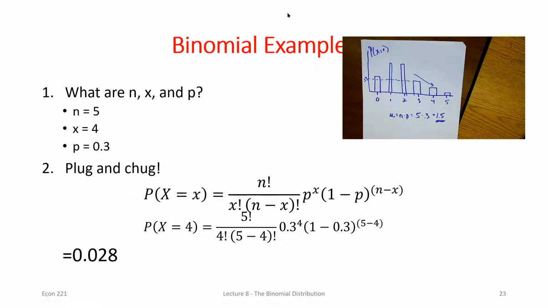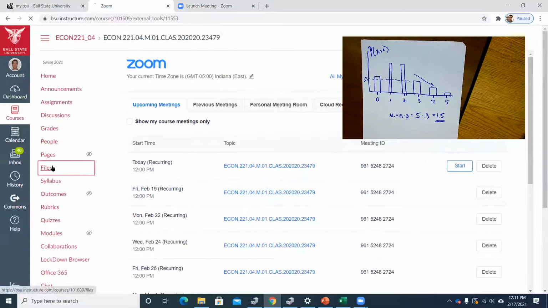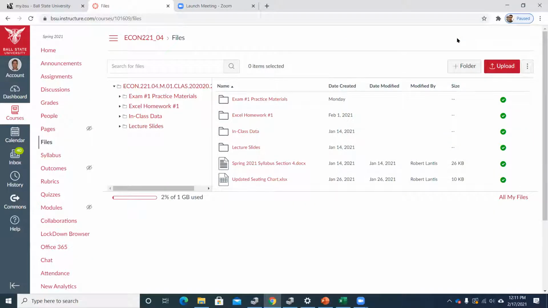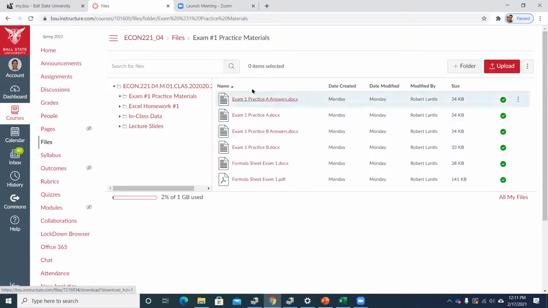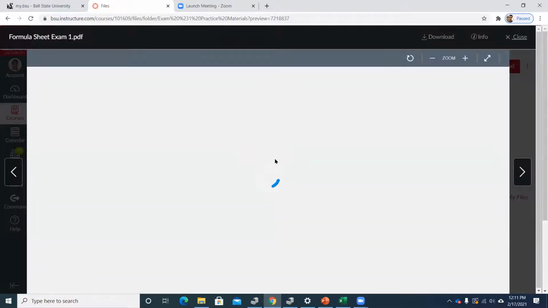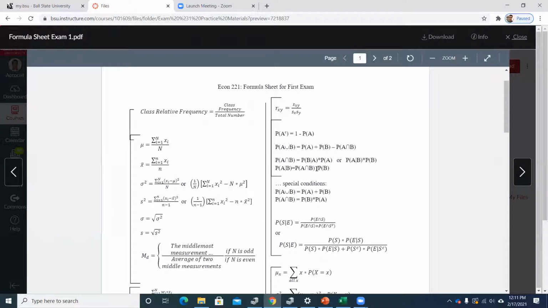Yeah, so since you just asked that, one thing I posted after class Monday, which I said I was going to, is exam one practice material. I'll look at the PDF because I think it shows up better in the web browser, if I recall. I kind of give you any equation that you could need.